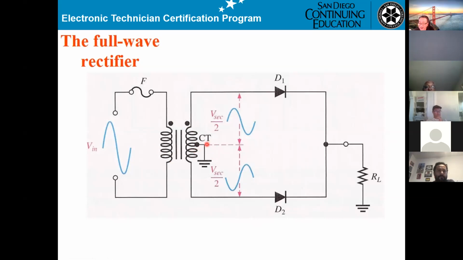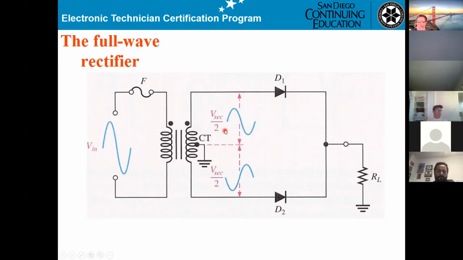That means they divide the secondary into two parts, one here, one going down, equal. So when the input on this side is positive, the other side must be opposite, negative. That is the purpose of the center tap transformer.